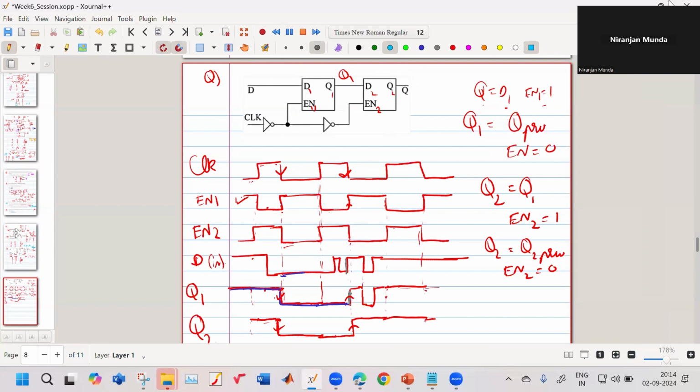That will generate my Q1. Then when my enable 2 is high, it will directly take the value of Q1, and when enable 2 goes low, it will hold on to the previous value of Q1.